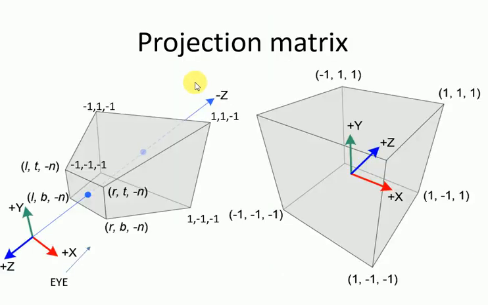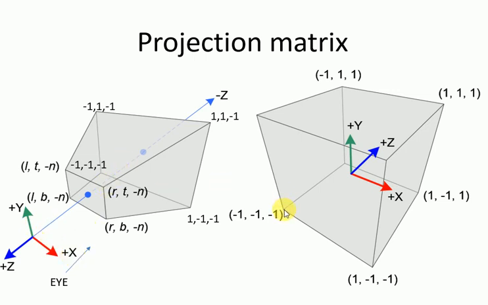Now the projection matrix. The cube we have formed is in this form. Now how is the projection matrix defined? The screen that you are looking at is from here, and the projection is along positive z, positive y, positive x. So that's the projection.